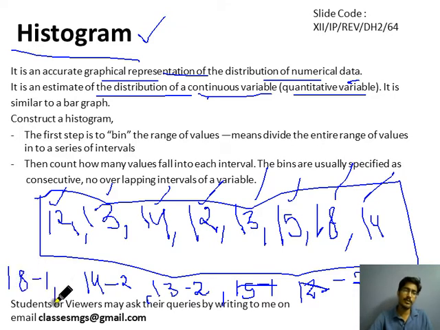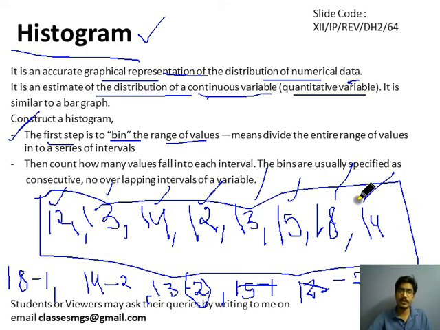So before drawing the histogram, remember it basically represents a continuous variable. So we will follow these steps. The first step is to bin the range of the values. Like for 12 age students we have 2 frequency, 13 age students 2 frequency, 14 age students 2 frequency.